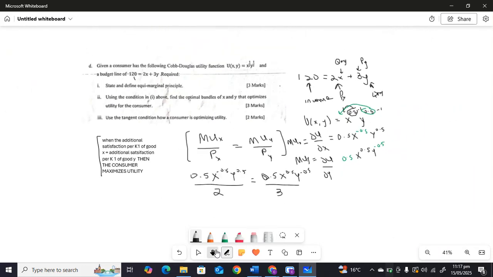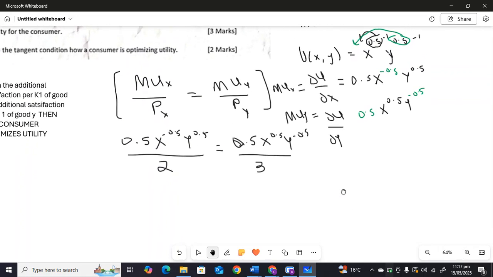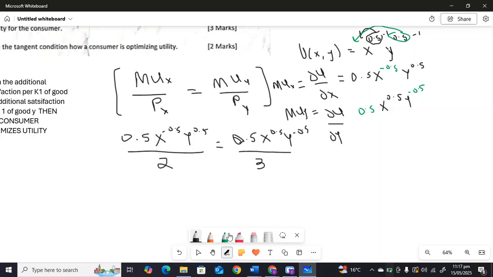Okay, so basically here we have to make one variable the subject of the formula. Okay, so there will be a lot of operations we need to do. So you can either start by dividing 0.5 by 2 and 0.5 by 3. You can get your values. Okay, or you can do it like this. You can cross multiply. Okay, so 3 times 0.5 x to the power negative 0.5 y to the power 0.5.